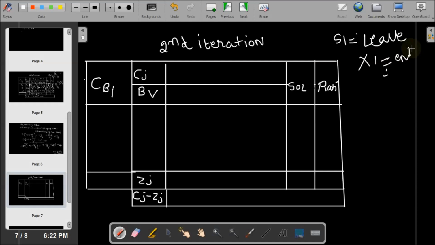Getting, guys? So now I will start the second iteration.